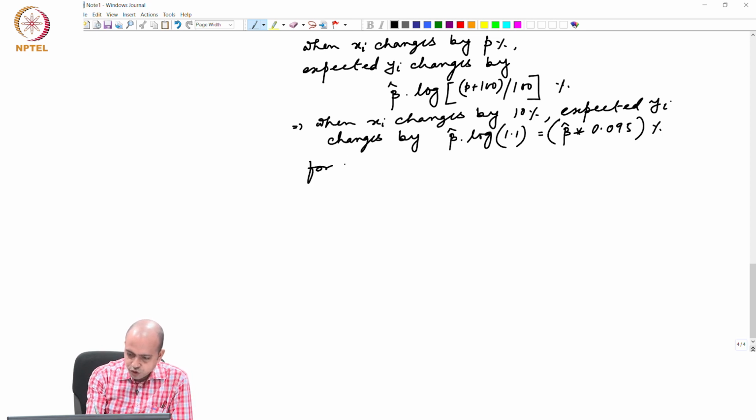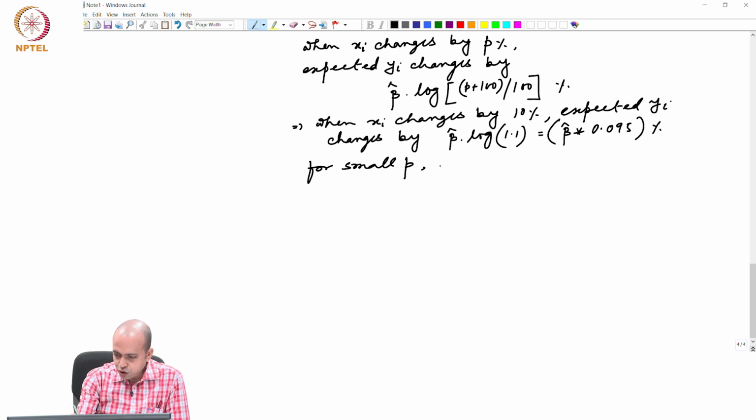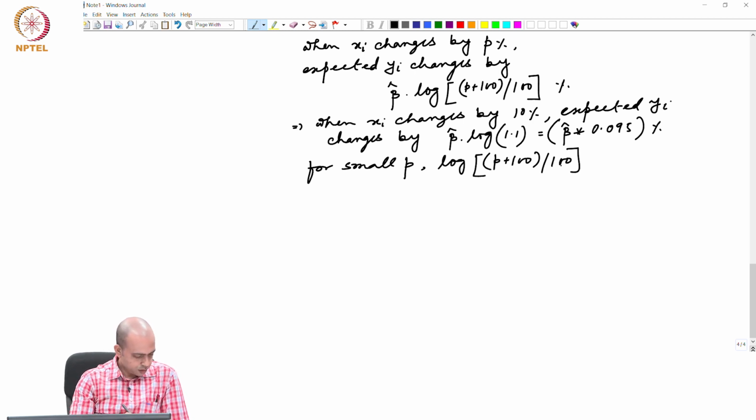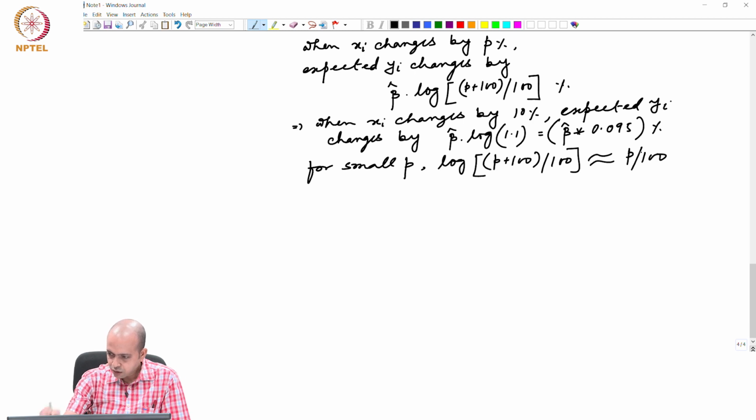For very small p, log of (p plus 100) divided by 100 is approximately equivalent to p by 100.